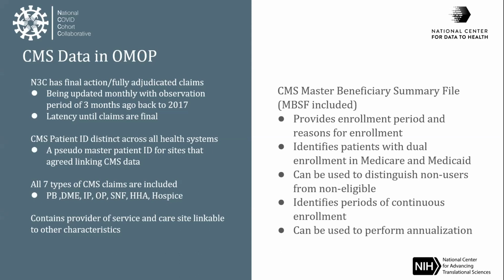The other thing the beneficiary summary file lets you do is distinguish something you can't do in the EHR: somebody who's not there, but is eligible. You look at the EHR, you have a patient record, but no utilization for the year. You don't really know anything about that patient, because you don't know if they went somewhere else for their services, or were just healthy and didn't come in.